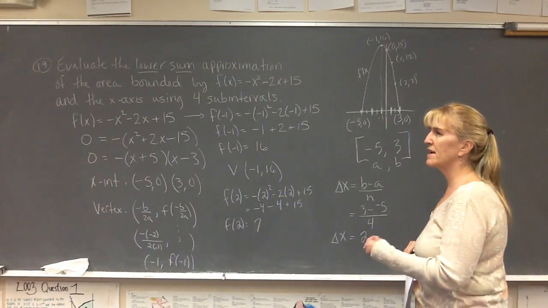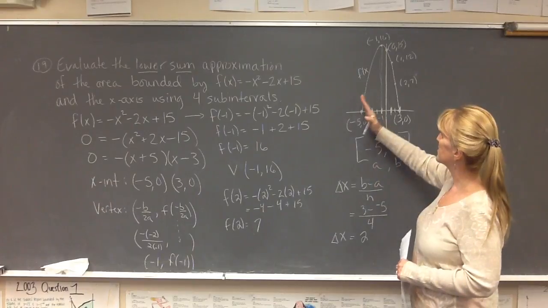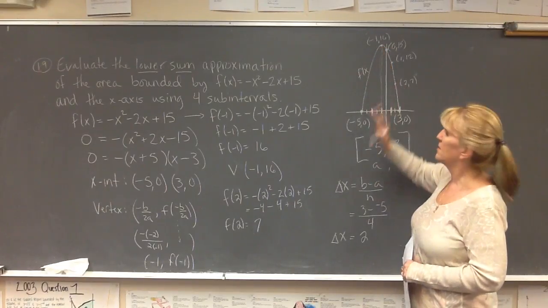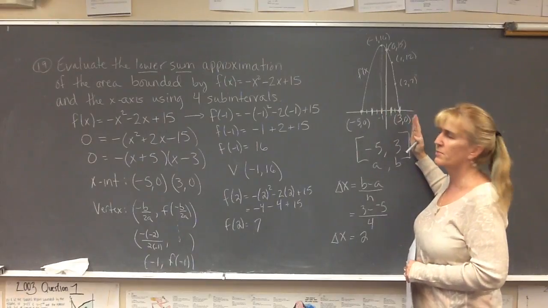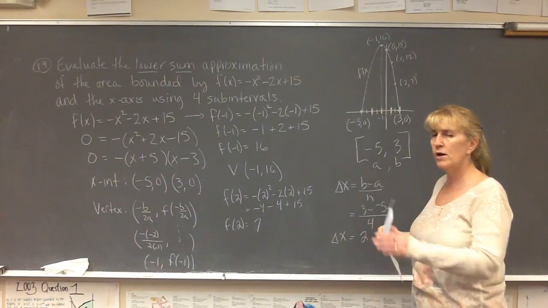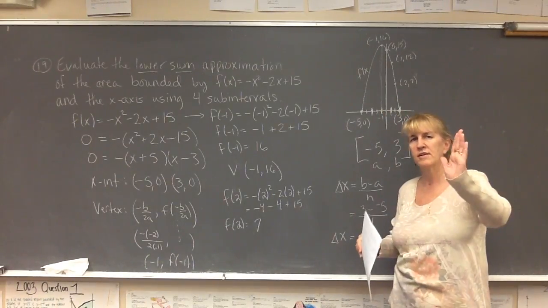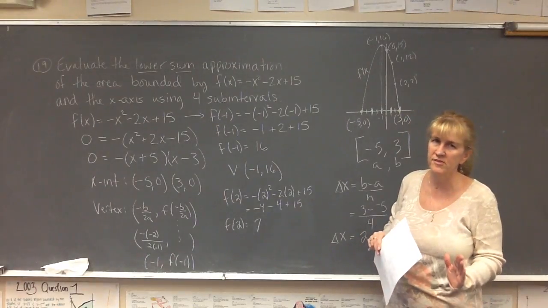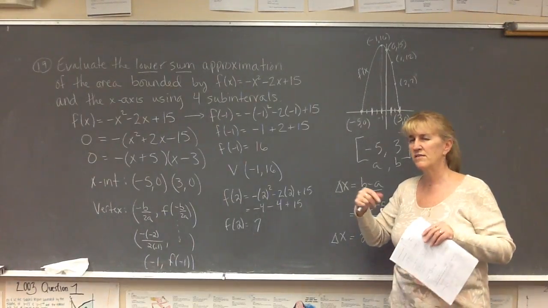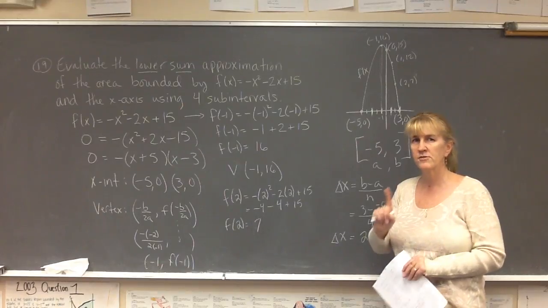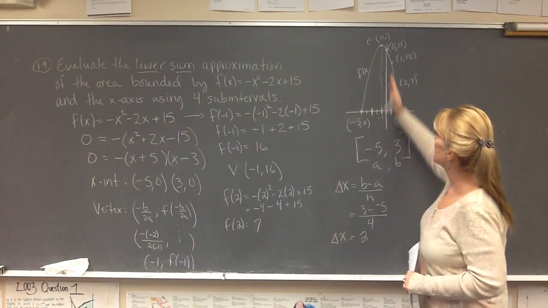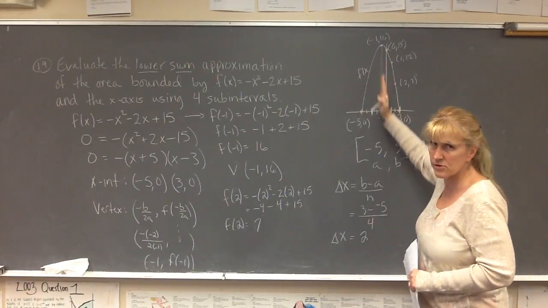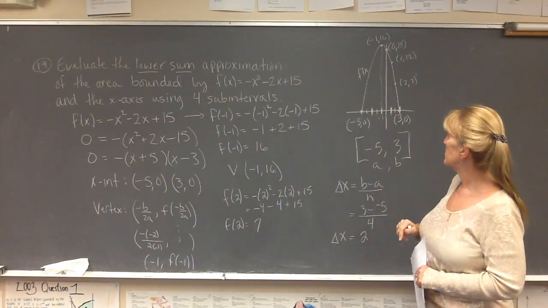Now the reason I want to find half the area is because this is an increasing function from negative 5 to negative 1, and then a decreasing function from negative 1 to positive 3. And I have one rule that I follow if the function is increasing, and another rule I follow if the function is decreasing. So instead of doing both rules, I'm just going to do one and double my area, for this function that looks symmetrical. It is symmetrical over the line of x equals negative 1.